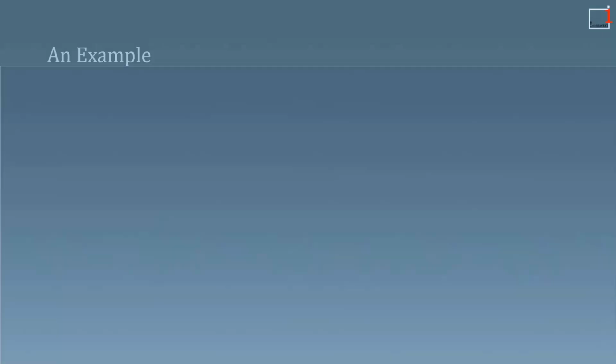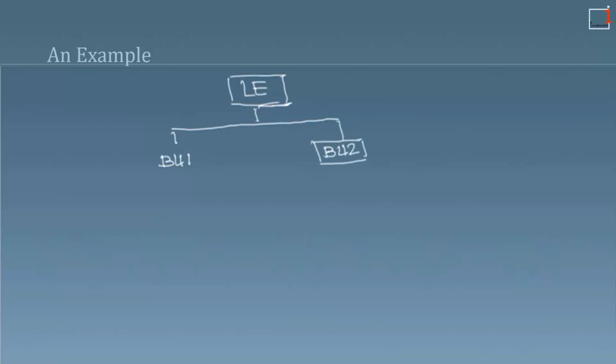So as an example, like I said, at the very first level what we have is a legal entity, and after a legal entity we have the business units. Let's say business unit 1 and business unit 2. We have two business units. Inside business unit 1 we have the divisions.